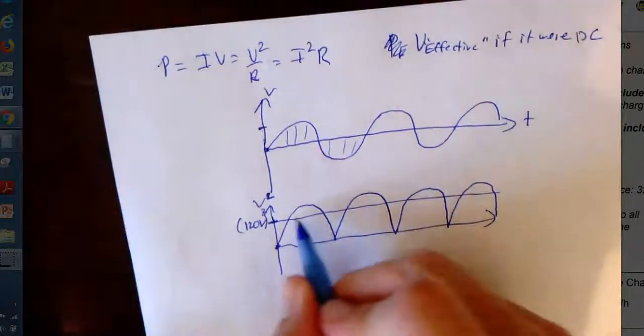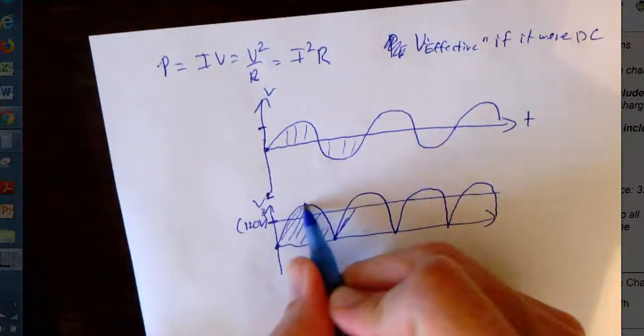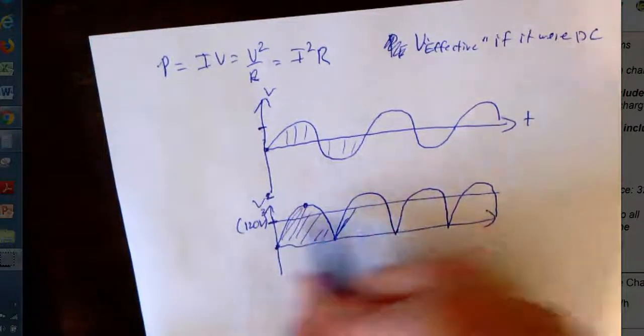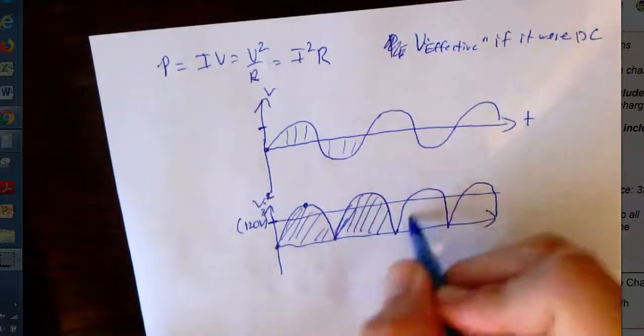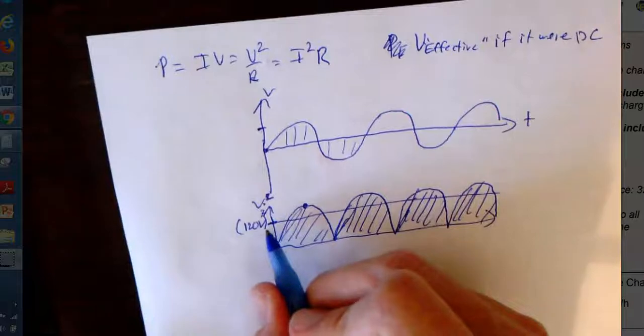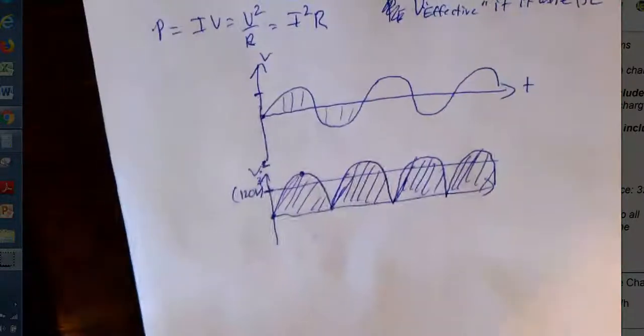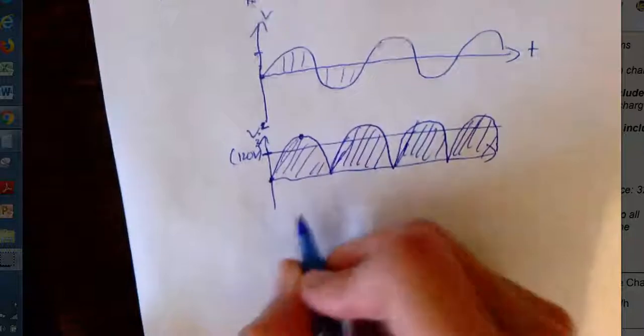Okay, so sometimes the voltage squared is higher than 120 squared, and sometimes it's less, but the average is 120 squared. And if you know calculus, you can actually work this out. But it ends up being like this.